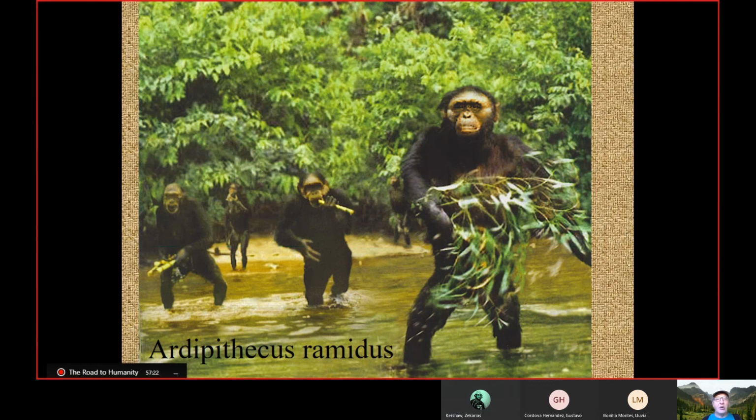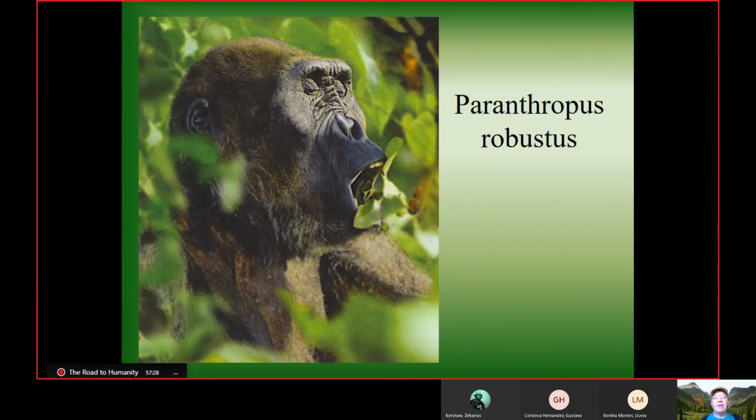They're not really going in any order. Ardipithecus. Another ape-like one, Paranthropus. And so all of these photos are photos basically of sculptures that we've made, but the sculptures are not just something we're making up like sci-fi. We're basing it on the actual bones that we've dug out of the ground.